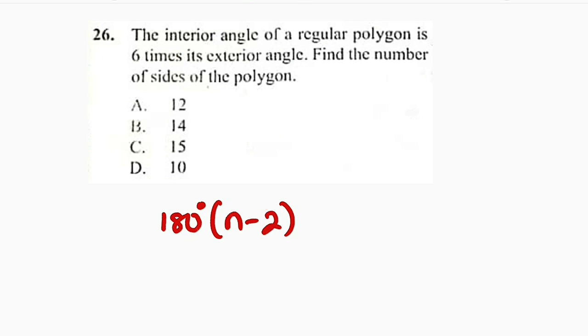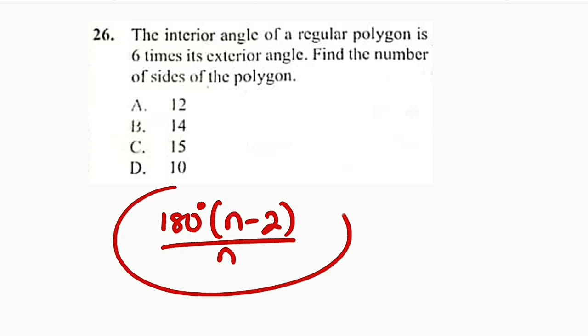So what about a regular polygon? If you want to find an individual angle in a polygon that is regular, you know all of them are equal. All you have to do is to divide by n. So this will give us the measure of every single angle in that regular polygon. For example, take for instance an equilateral triangle that has all the interior angles equal to 60 degrees each.